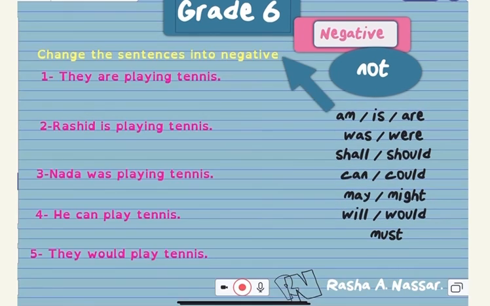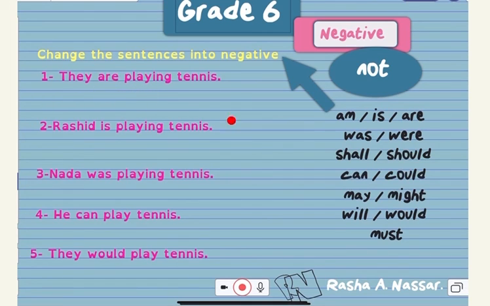Let's see together. Change the sentences into negative. Number 1, they are playing tennis. What do you see here? I see are and playing. So I see two verbs, are and playing.